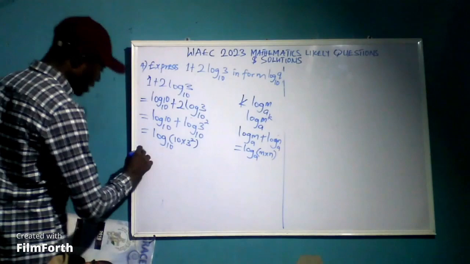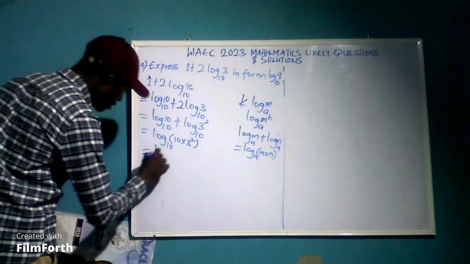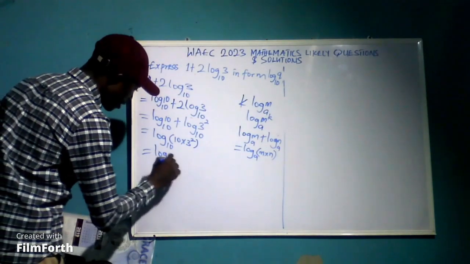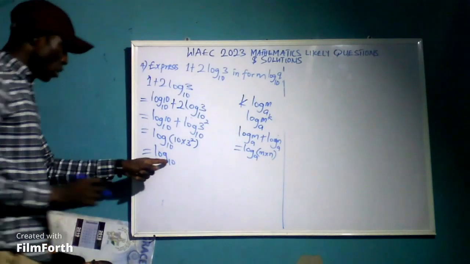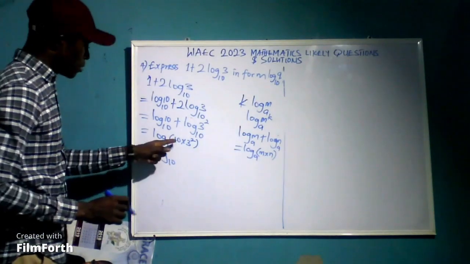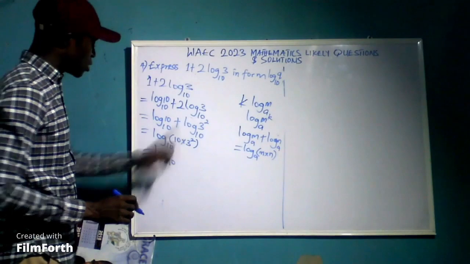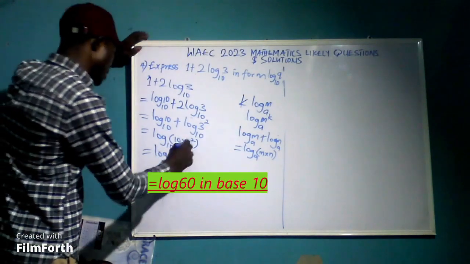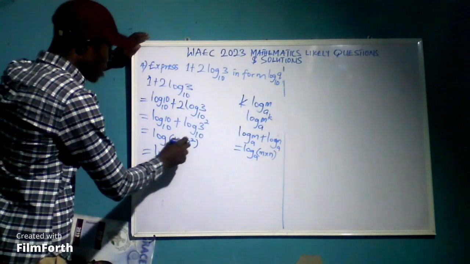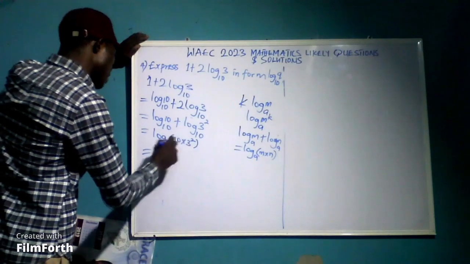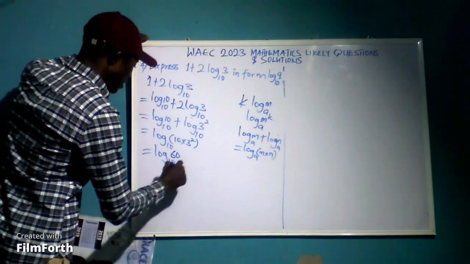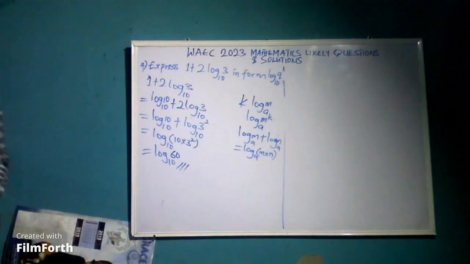Okay, and moving further we have log into base 10 of 10 times 3 raised to power 2. 3 raised to power 2, of course, is 9, and 9 times 10, that will give you 90, and that is our final answer. You get it?